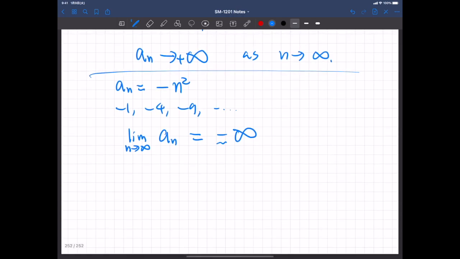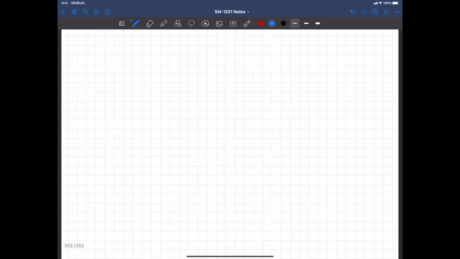And yet another example. Let's say an is negative 1 to the power of n. So what's this sequence? When n is 1, that's negative 1. When n is 2, that's positive 1. So it oscillates between negative 1 and positive 1 indefinitely.